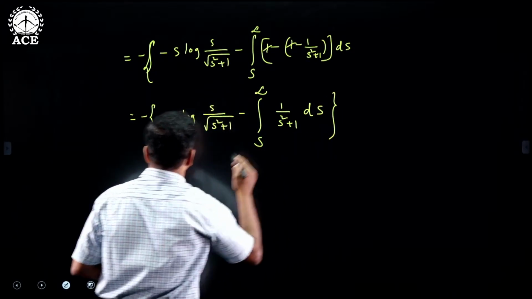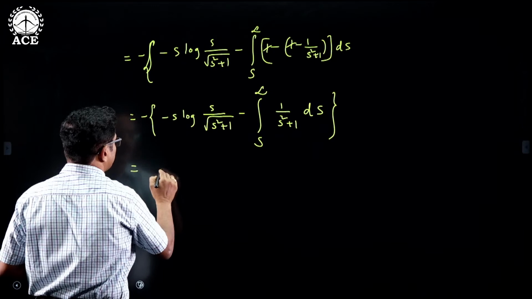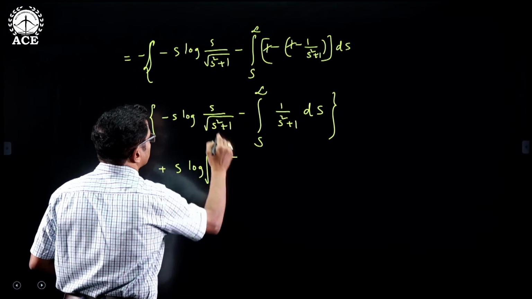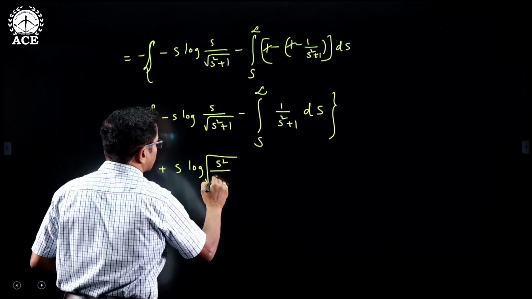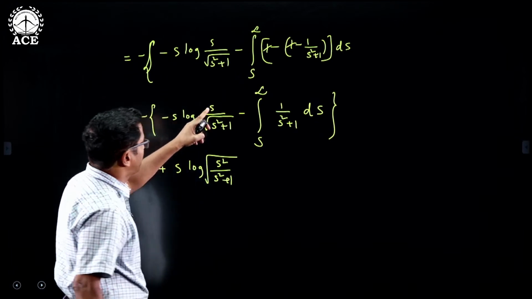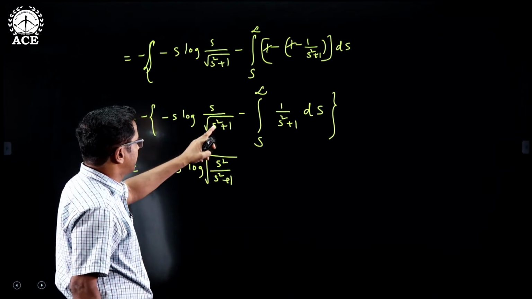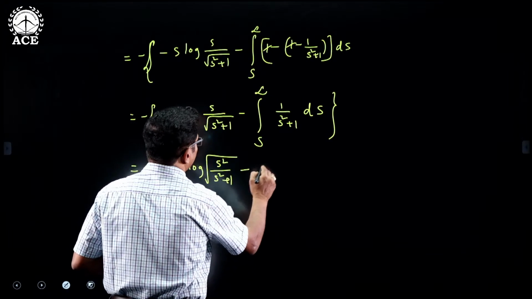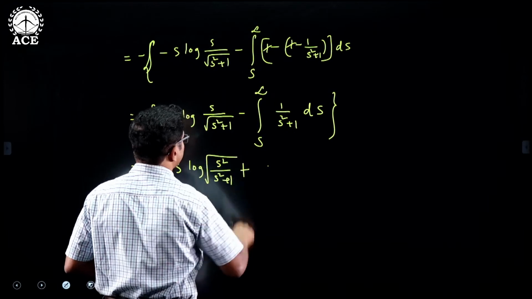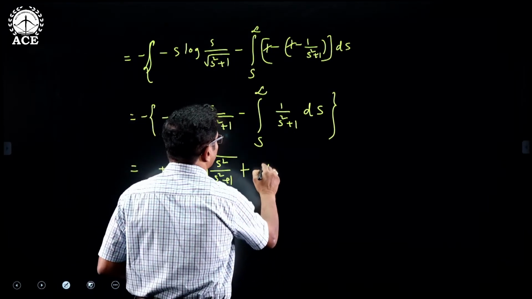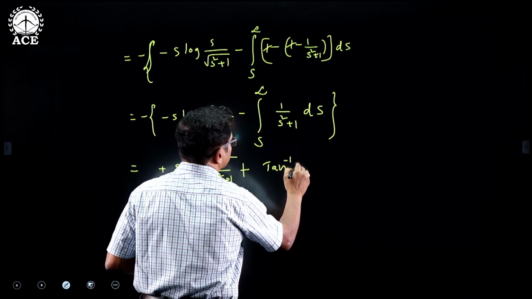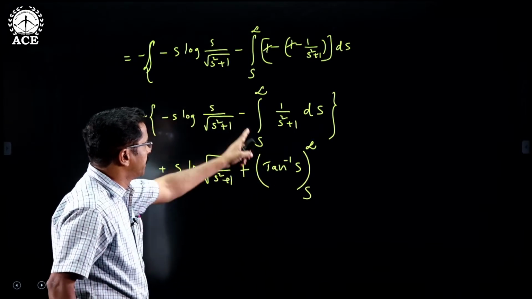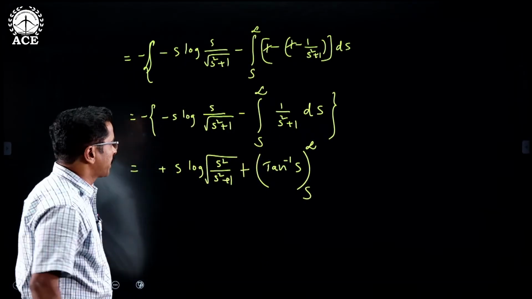This whole thing equals minus into minus plus s into log. I am writing this as s square by s square plus 1 under a single root, with s written as s square, and s square plus 1 under the whole root, minus, minus into minus is plus, tan inverse of s over the limits s to infinite. Integration of 1 by s square plus 1 ds is tan inverse of s.